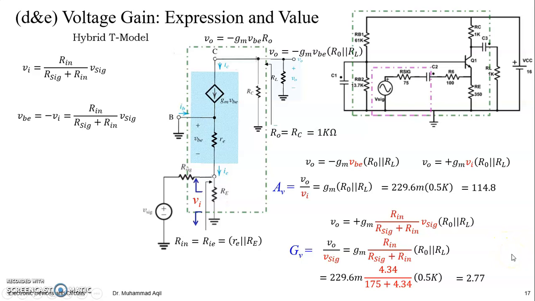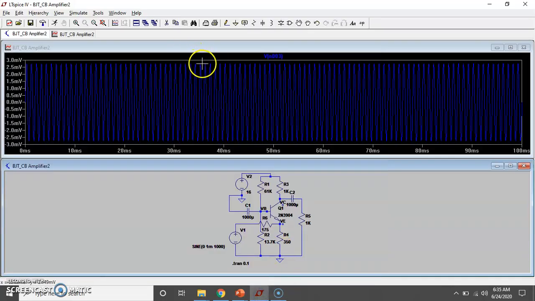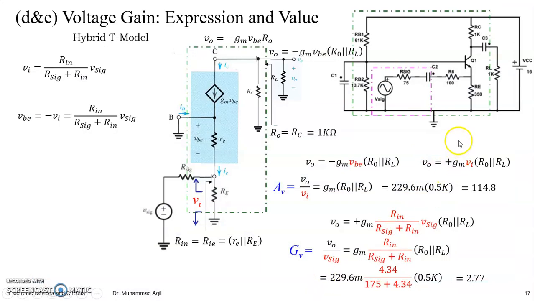V signal is 1 millivolt, so 1 millivolt multiplied by this is 2.77 millivolt. And in simulation, we are getting nearly that value, 2.75 millivolt. Okay. So plot AV yourself, and find AV naught and GV naught yourself.